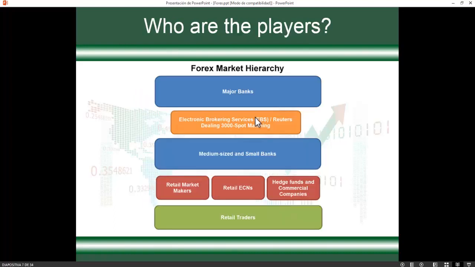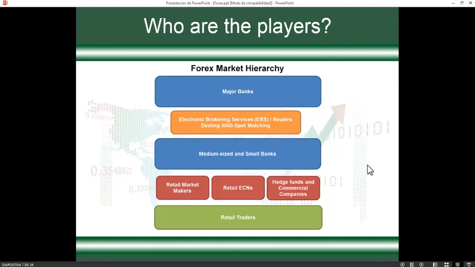Who are the players? And yes, I know you'll recognize this diagram as well. It comes from BabyPips. I used it because it's the simplest one to use, really. So the hierarchy of the forex market. This doesn't mean that you as a trader cannot compete with them. You can if you have a few billions and you trade like that.